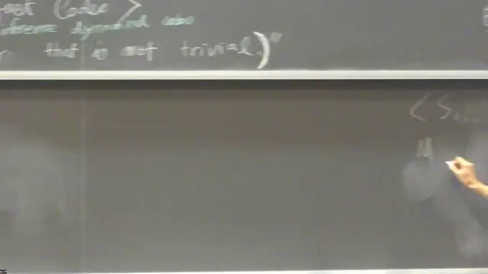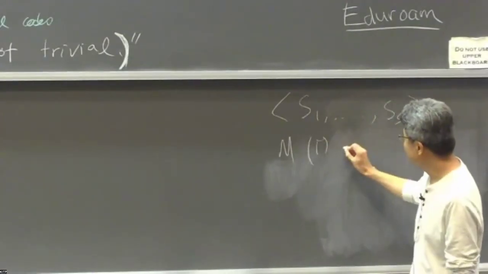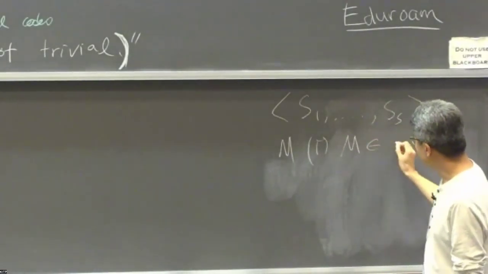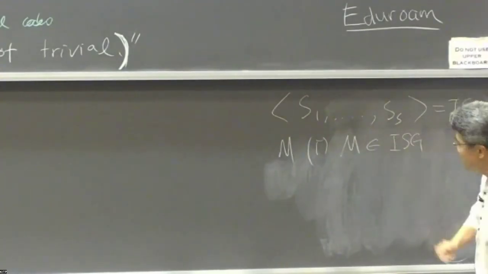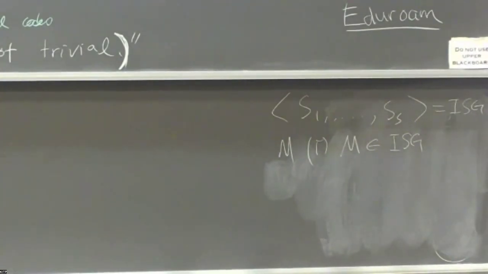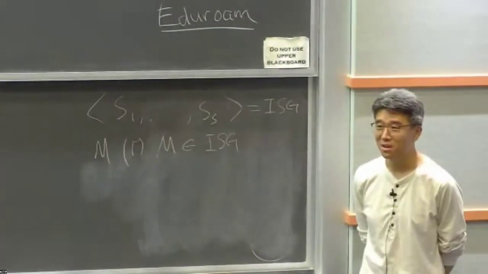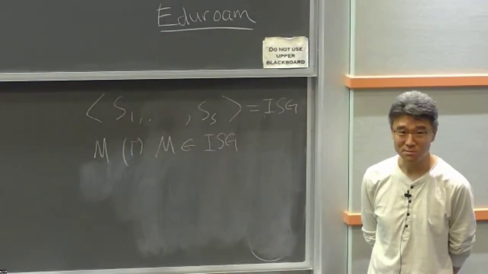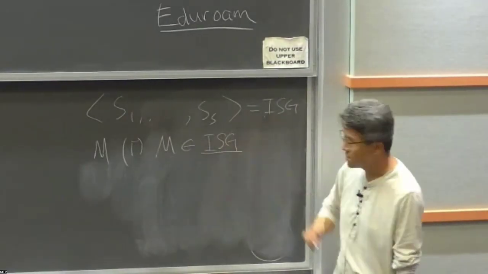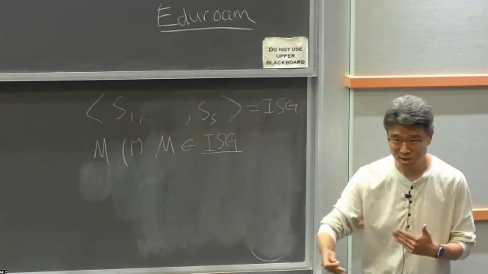There are two cases. First one is M is already in this stabilizer group. Then you're basically measuring an operator whose eigenvalue is known, so you should reveal that eigenvalue, and this stabilizer group does not change after the measurement.